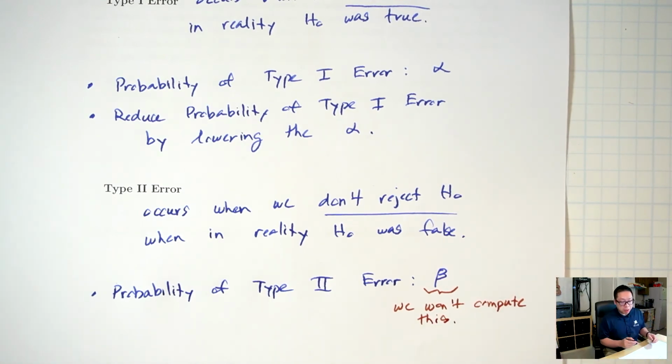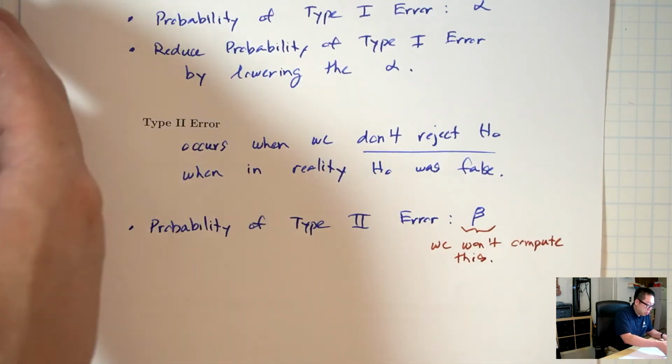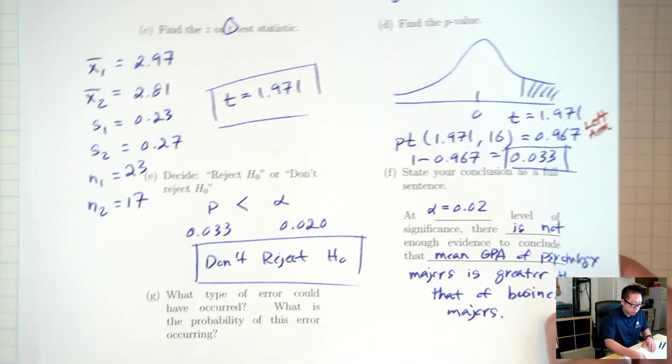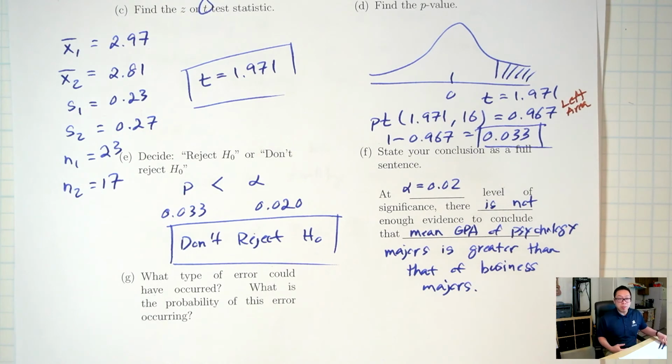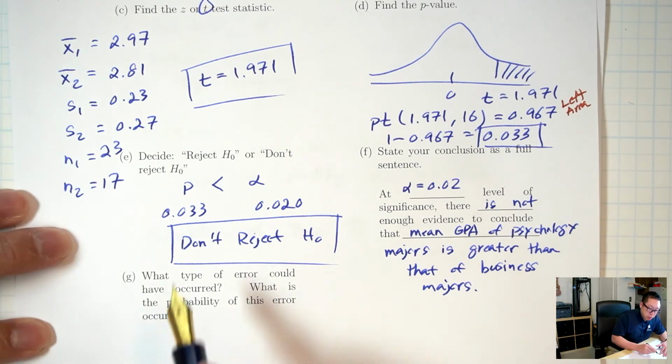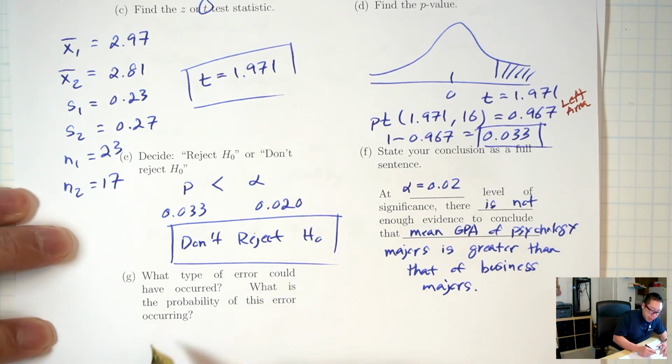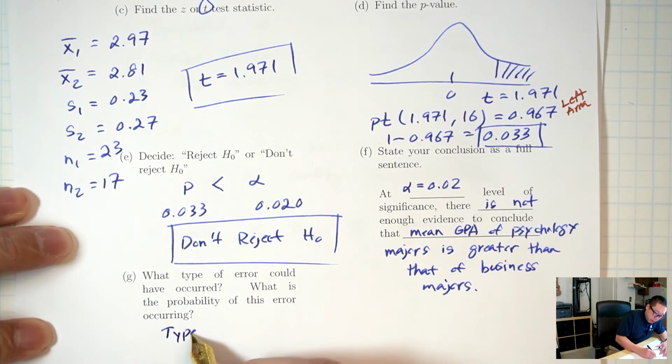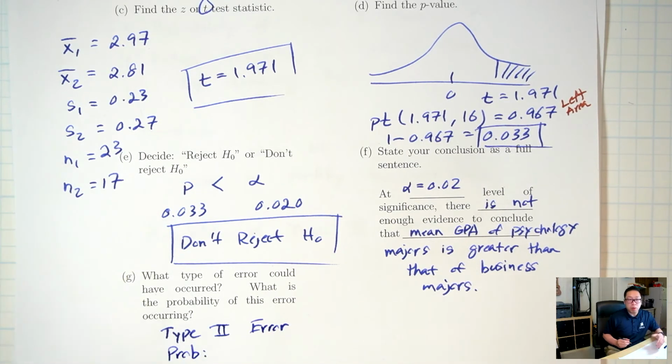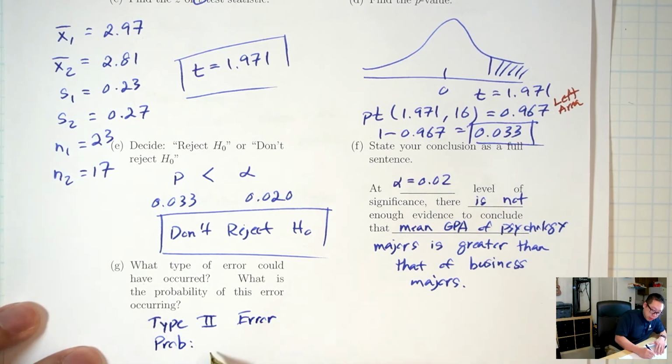But I do want you to know that it's a number called beta. Okay, so to answer our question in example 2, what type of error could have occurred, and what's the probability of this error occurring? Anytime you don't reject, you could be making a type 2 error. And the probability of this occurring for a type 2 error is a number called beta, and you just write down beta.